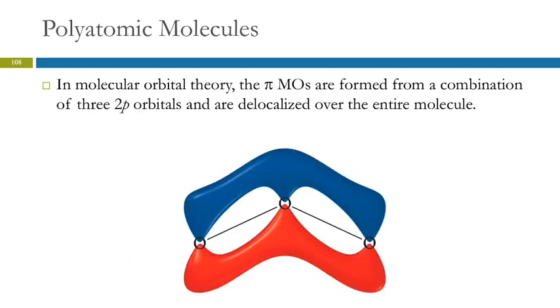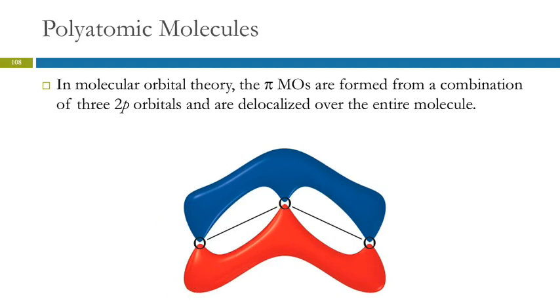Molecular orbital theory works. Thankfully, we're not going to look at the diagram for how this works, but hopefully, having looked at those, you can imagine and believe me when I say that this is how it works. So we're forming pi molecular orbitals from the combination of 3 2p orbitals, 1 from each atom, and that's combined over the entire molecule.